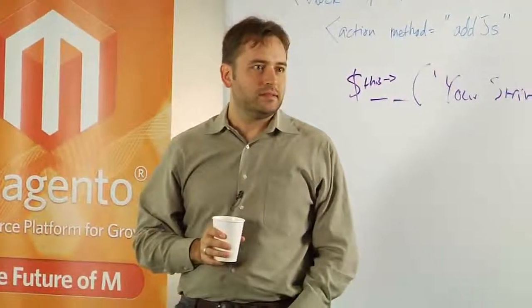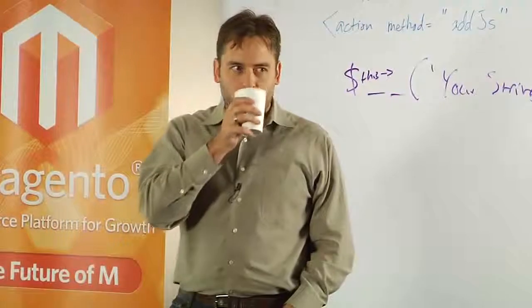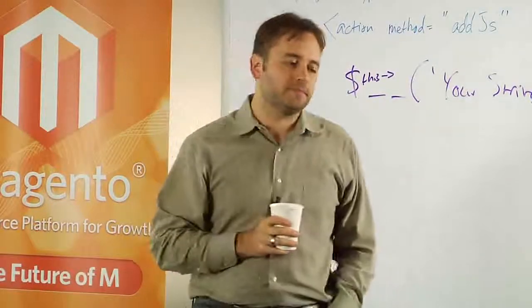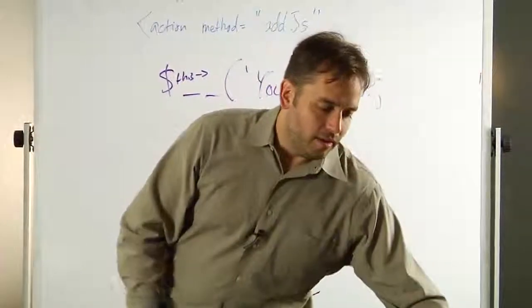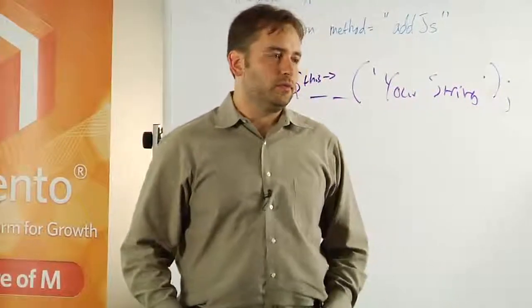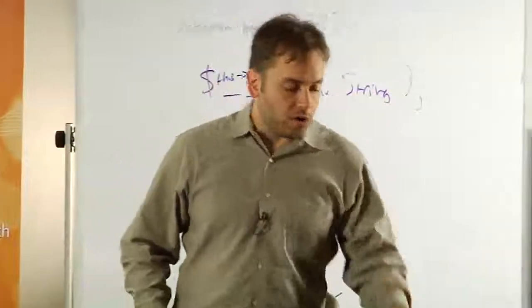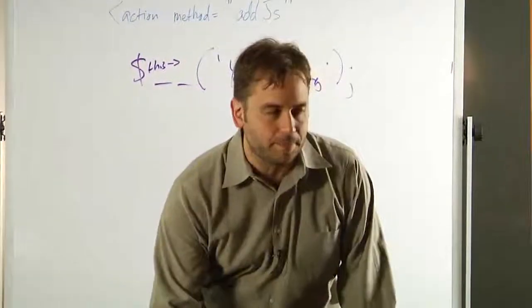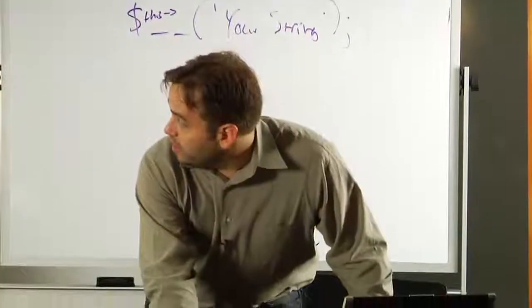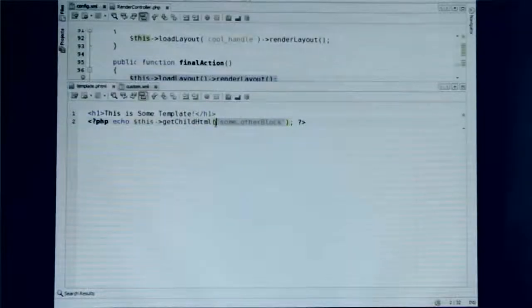Aha. So only those core text list blocks are going to render their children automatically. I also could basically recreate that core text list functionality if I just leave this call empty. And then get child HTML will just render all of the child blocks of this block.